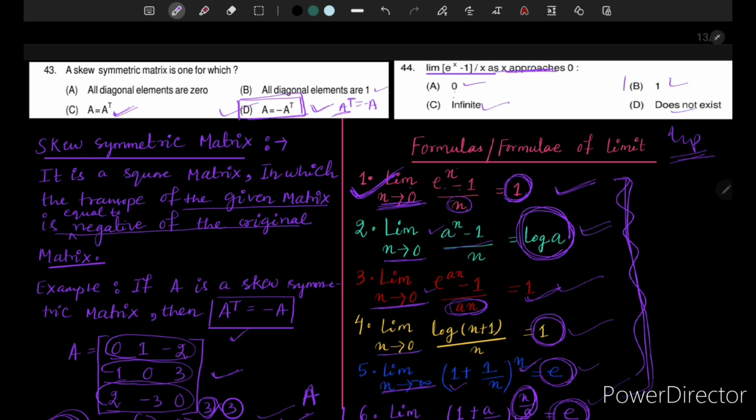So the answer is option B, that is 1. When x tends to 0 and we have to find the value of e to the power x minus 1 divided by x, the answer will be 1. The question is from this formula.